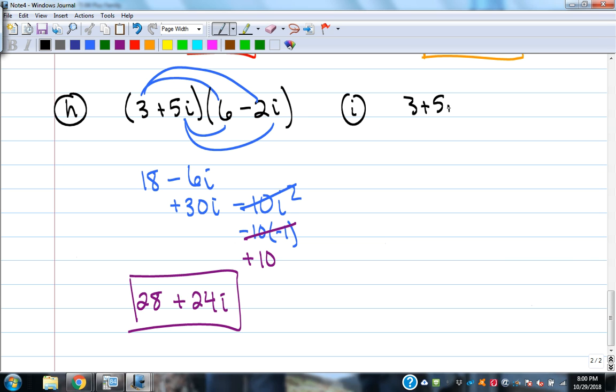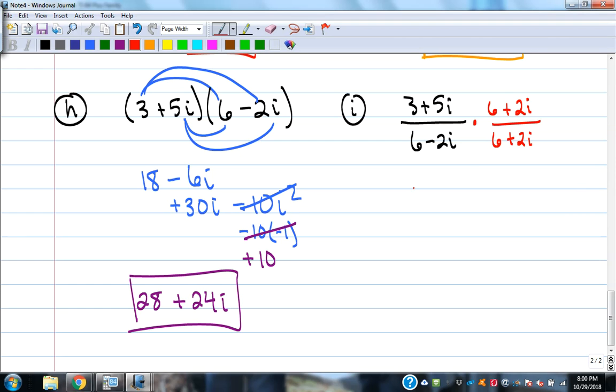3 plus 5i divided by 6 minus 2i. If you had to do this by hand, you would have to multiply the top and bottom by 6 plus 2i. What that's called is a conjugate.